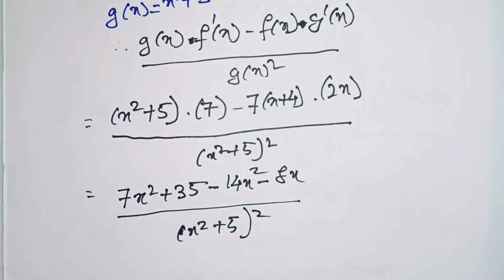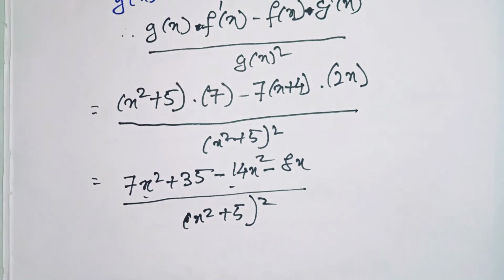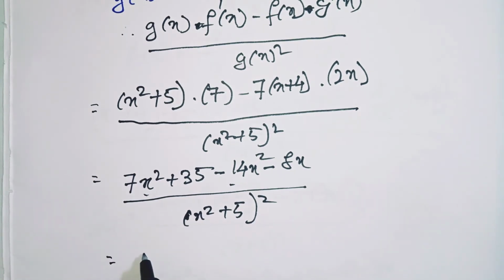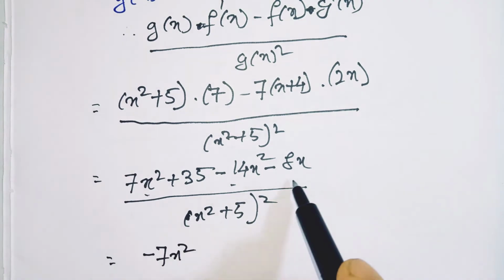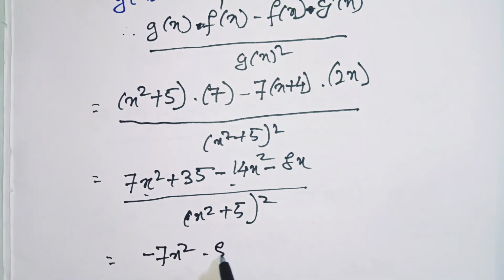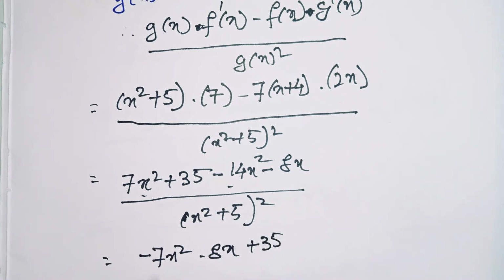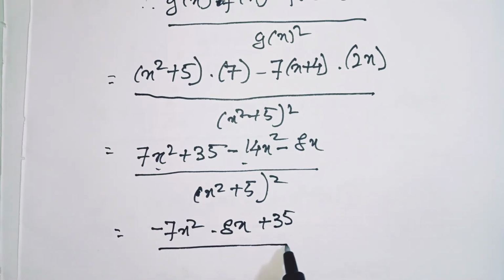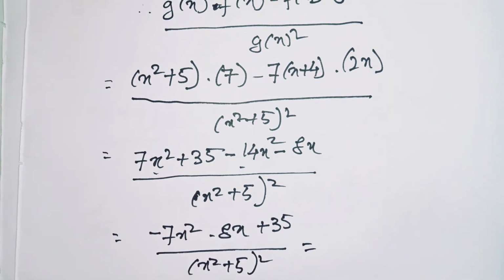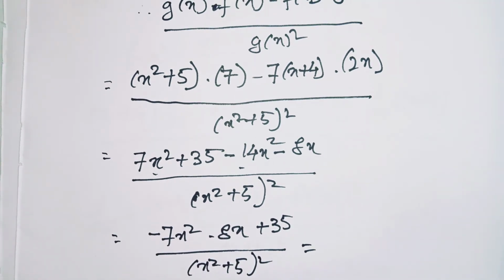What we can see is that this part and this part we can compute, and what we get is minus 7x squared, minus 8x, and plus 35, right? And this would be whole divided by x squared plus 5 whole squared. If you want to solve further for the denominator factors, you can, but this more or less gives us the differentiation using the quotient rule.